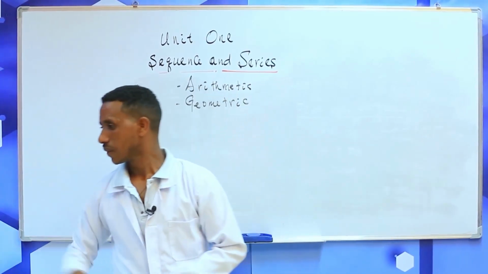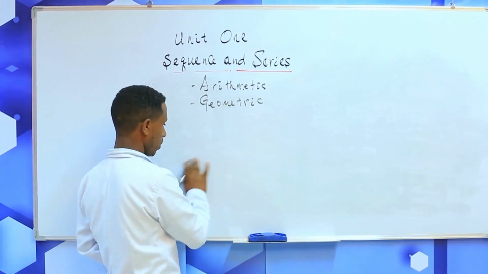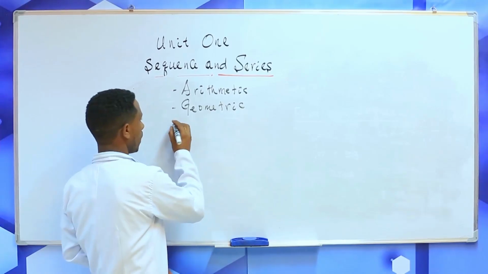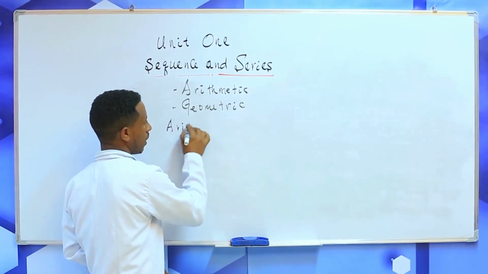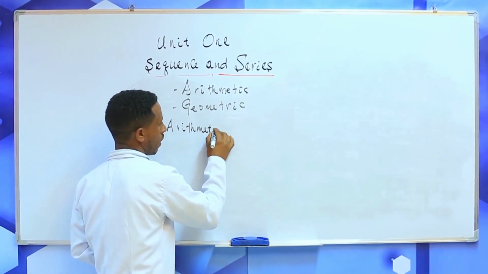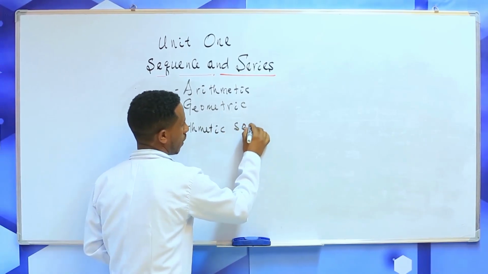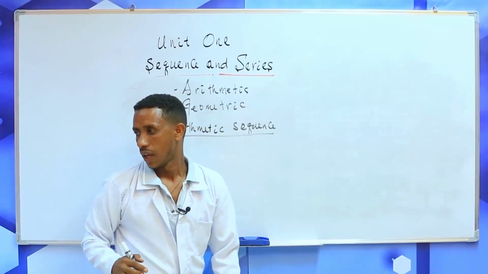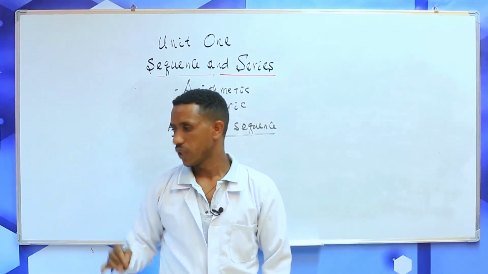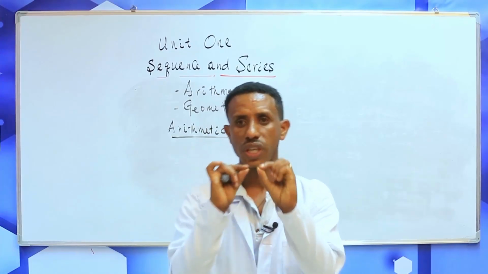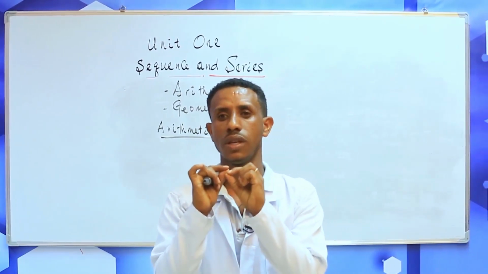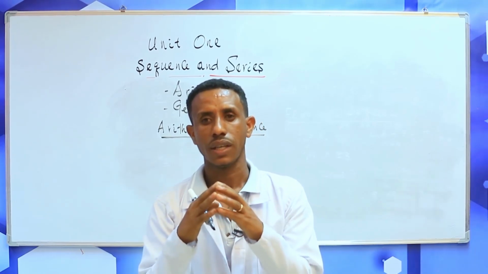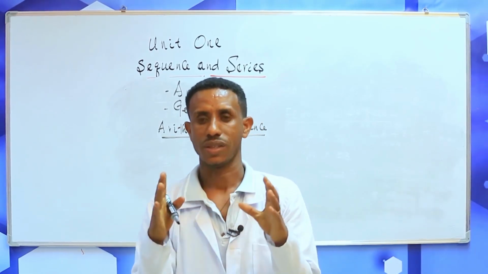Okay, let's see first what an arithmetic sequence is. An arithmetic sequence: a sequence in which the difference of two consecutive terms is the same or equal is said to be an arithmetic sequence.